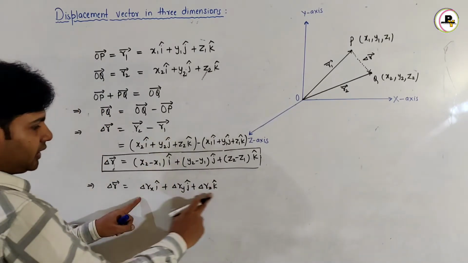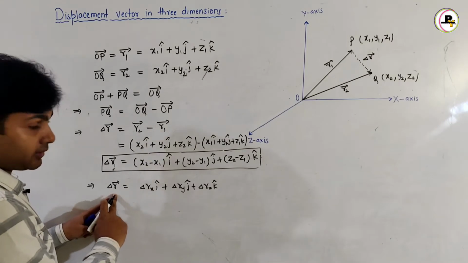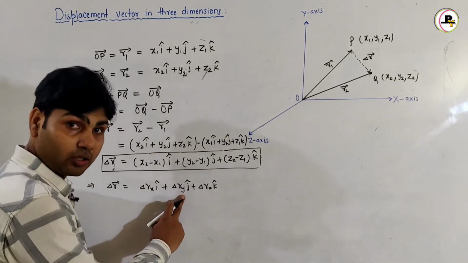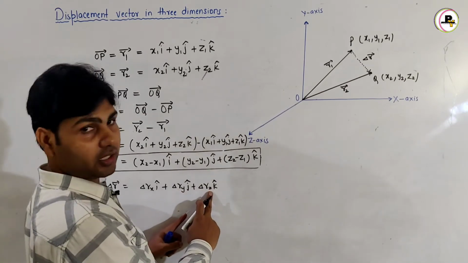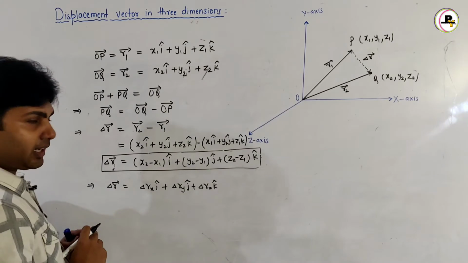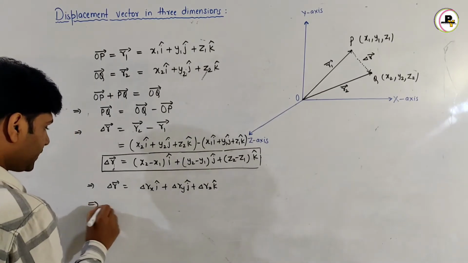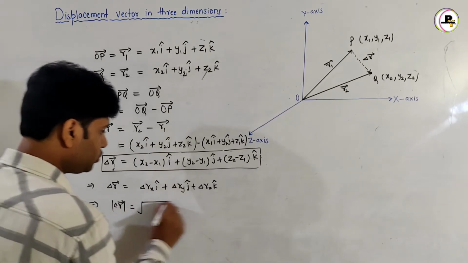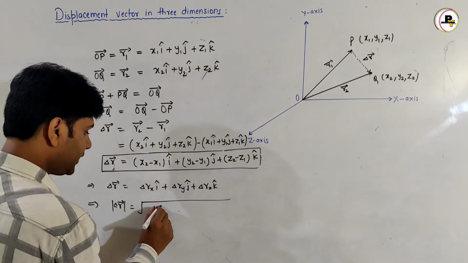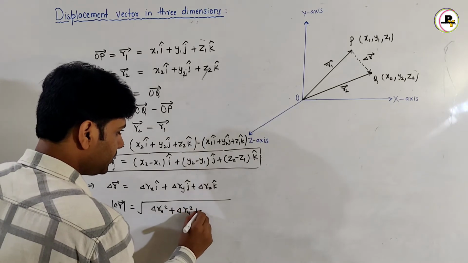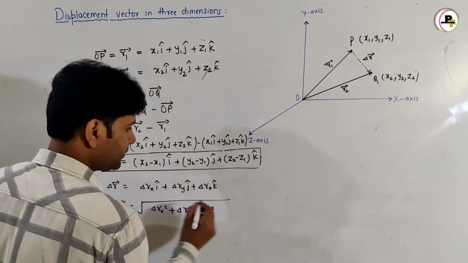Now these three are components of delta r. This is the component along x-axis, this is along y-axis, and this is along z-axis. Now in order to find the magnitude of delta r vector, I can write mod of delta r equals square root of delta r x square plus delta r y square plus delta r z square.